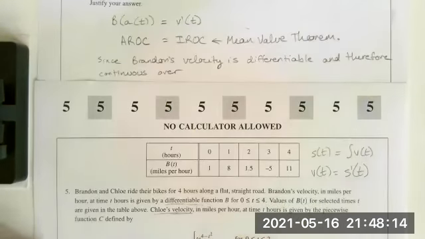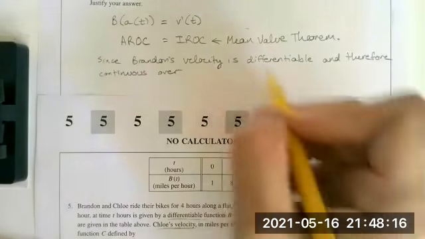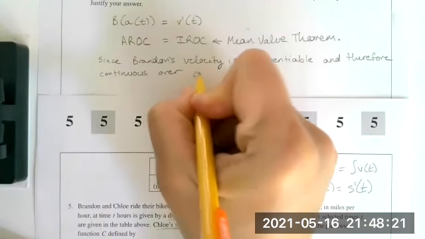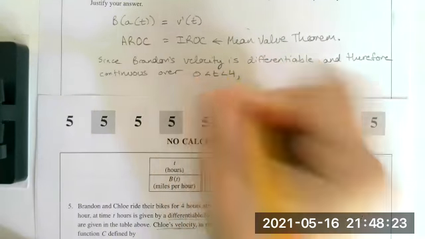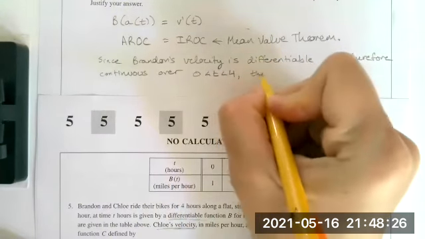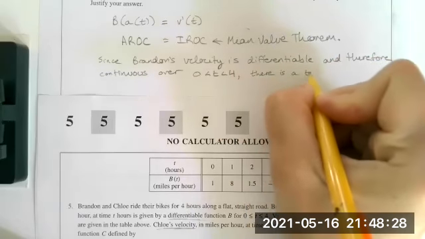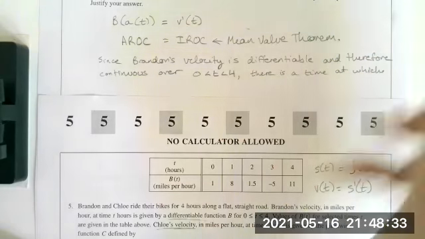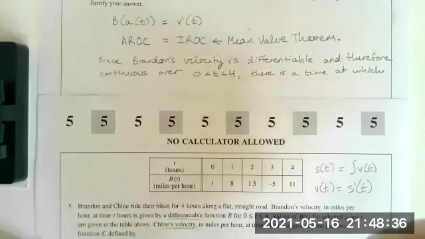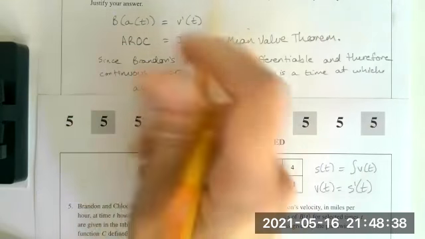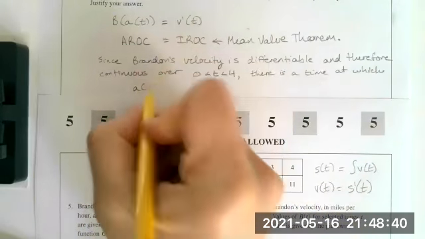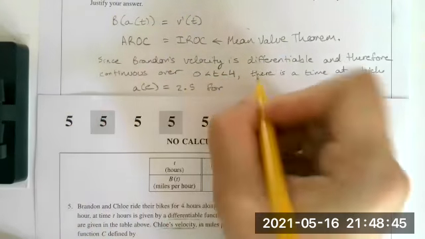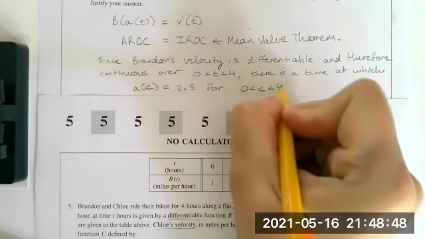Now I might have to change this, so that's why I'm using pencil right now. Since Brandon's velocity is differentiable and therefore continuous over 0 to 4, there is a time at which A of c equals 2.5, for c between 0 and 4.